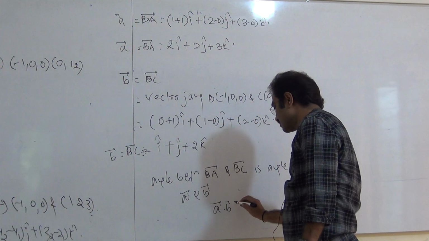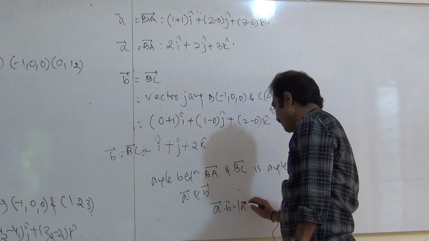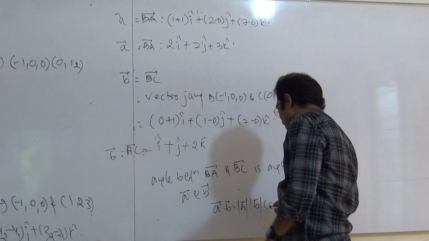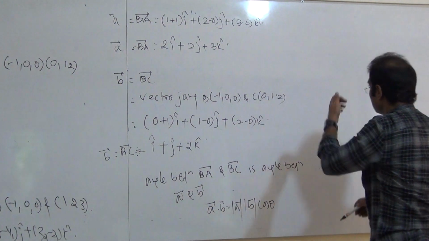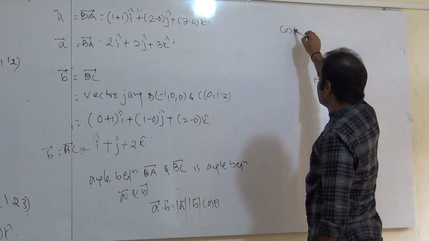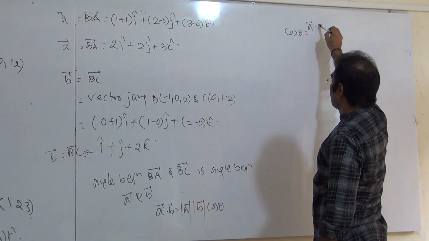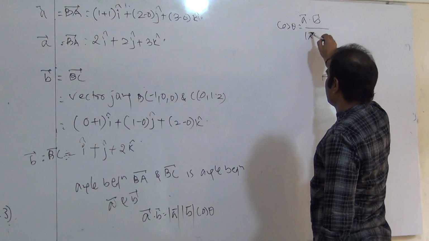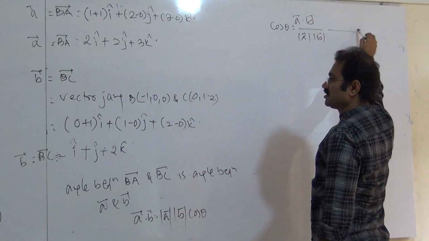A dot B is equal to magnitude of A, magnitude of B, cos theta. Therefore cos theta is equal to A dot B divided by magnitude of A into magnitude of B. Call this one equation number 1.